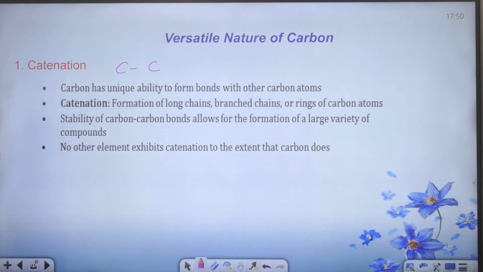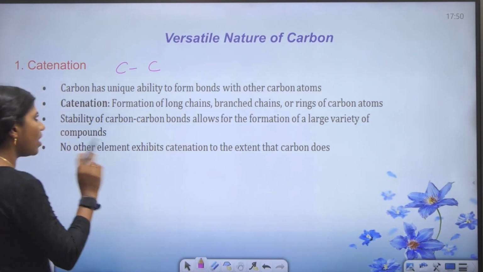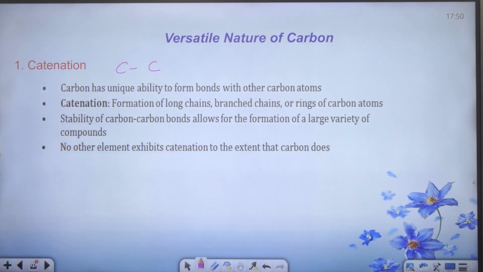But other elements like sodium, lithium, potassium, phosphorus have low ability to form bonds like this.